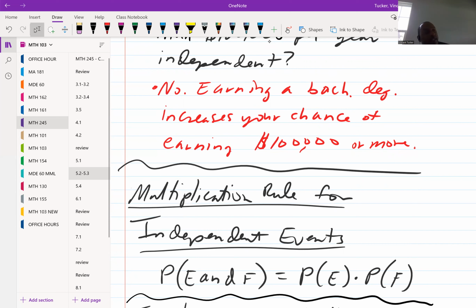So last section, that was the addition rule when you're looking at the probability of one or the other event occurring. In this case, we're looking at the multiplication rule where we're looking at both of them occurring, E and F, or both of your events. So here, probability of independent events, you would take each probability and multiply them together in order to find the probability of both of them occurring.